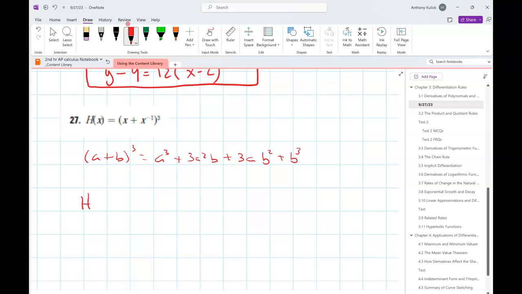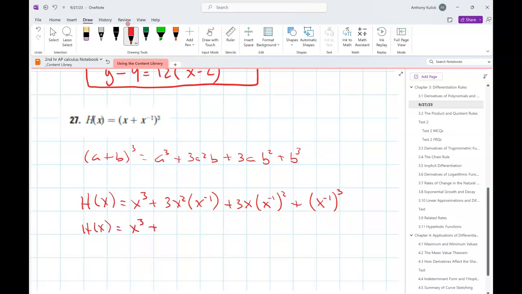If I use that, I have x cubed plus 3x squared times x to the negative 1, plus 3x times x to the negative 1 squared, plus x to the negative 1 cubed. Or if I simplify this all down, x cubed plus 3x plus 3x to the negative 1 plus x to the negative 3.